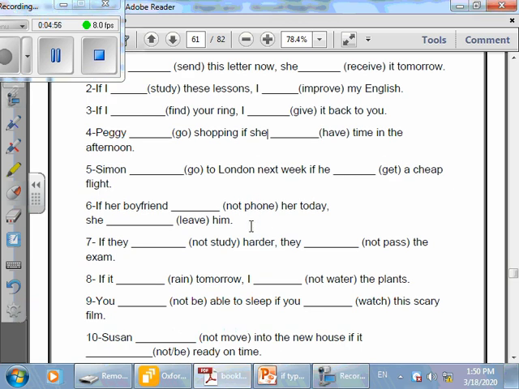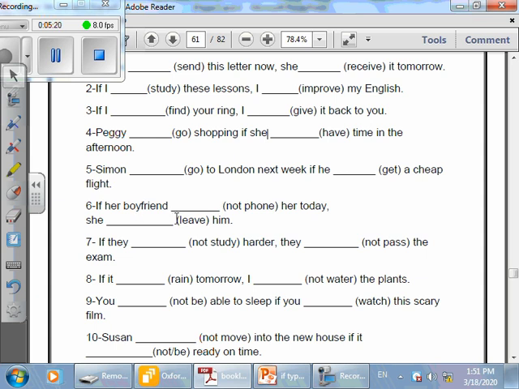Simon go to London next week if he get a cheap flight. Yes, we started also with the main clause, so no commas, and the modal verb will be here. So Simon will go to London next week if he gets a cheap flight.